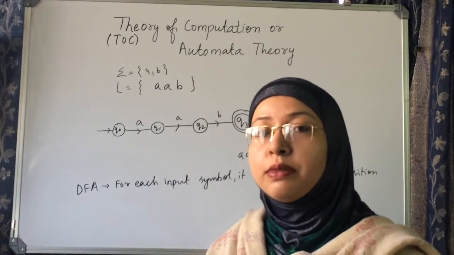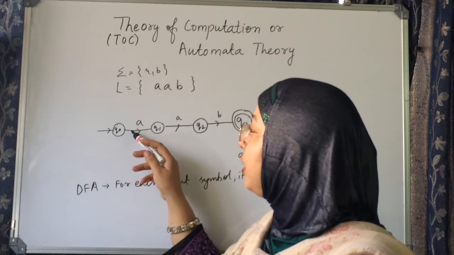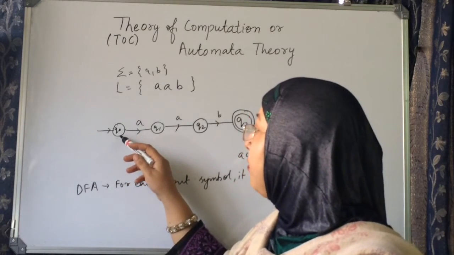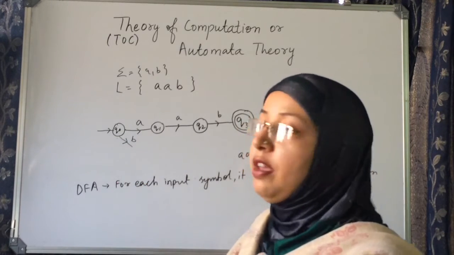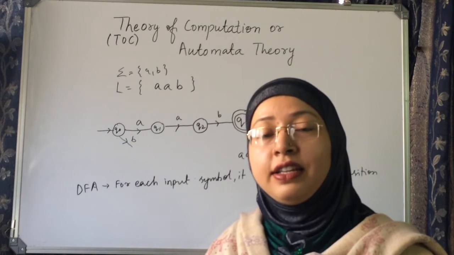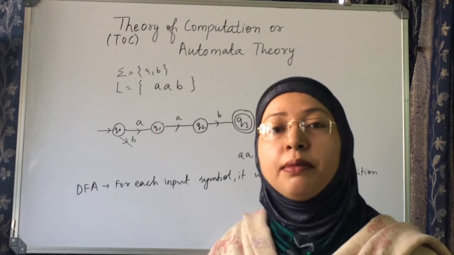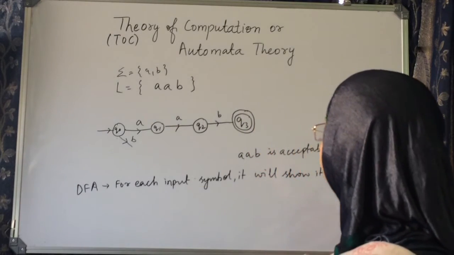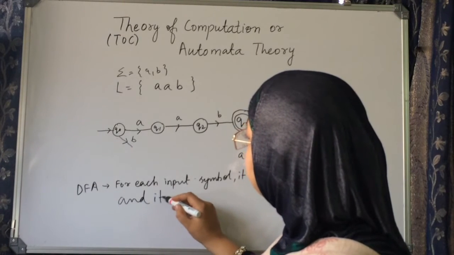A and B, two symbols, but from initial state Q0 we are showing only the input symbol A. We have to show B also: if any string starting with B comes, should that string be acceptable or not? DFA will show everything for each input symbol.